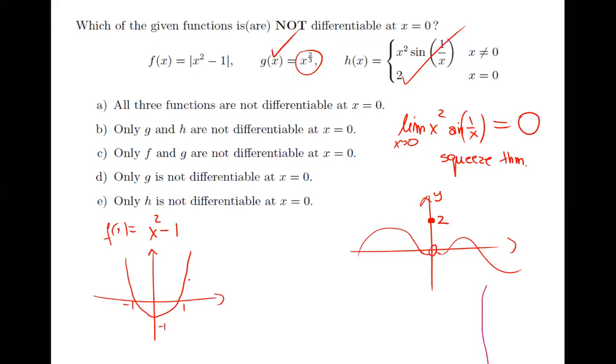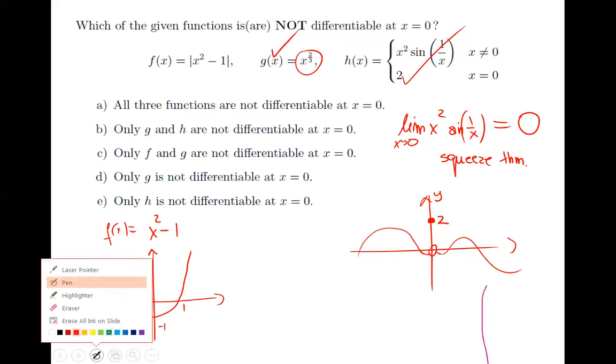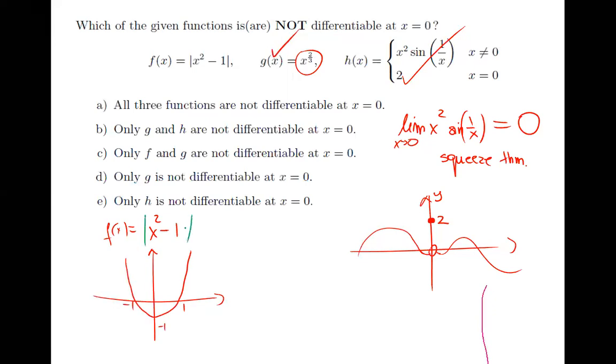Okay, but now I have to get the graph of the absolute value of this. And we remember, absolute value is always positive. That means whatever was positive above the x-axis will stay positive. The absolute value of a positive is positive.